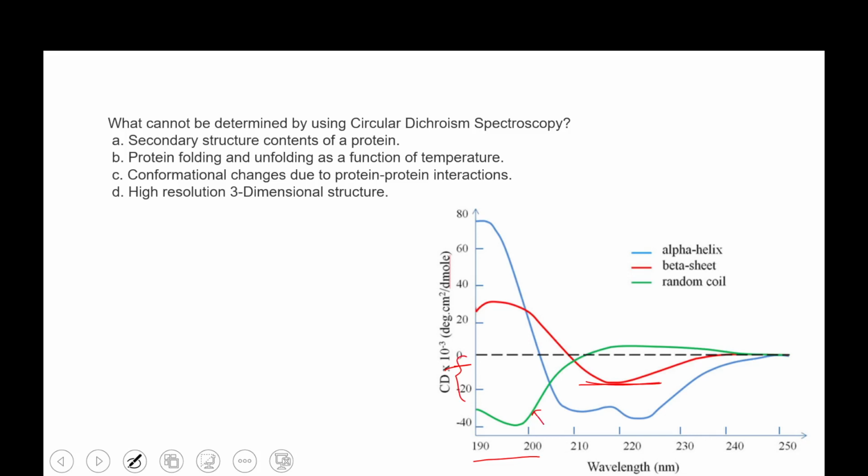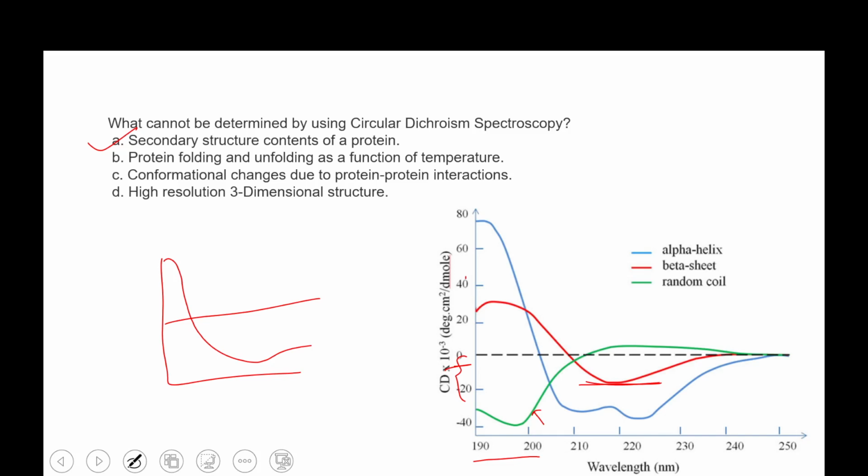So this is the positioning of alpha helix, beta sheet and random coil. If you are running a protein and observing a graph like this, it will predict that your protein has alpha helix in its structure, and otherwise if it is having beta sheet, it will predict that. But it will only be used to predict the secondary structure of the protein. So the first one is correct.